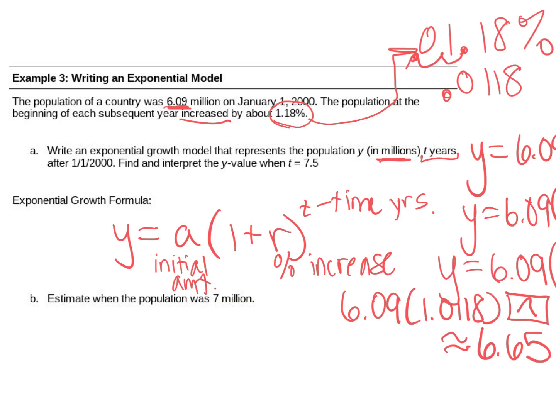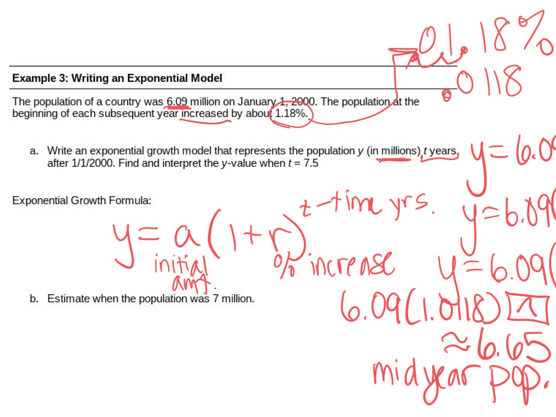So using this model, you can estimate the mid-year population in 2007. So it would be 7 years past that date. So this is the mid-year population, 7.5 years past 2000.